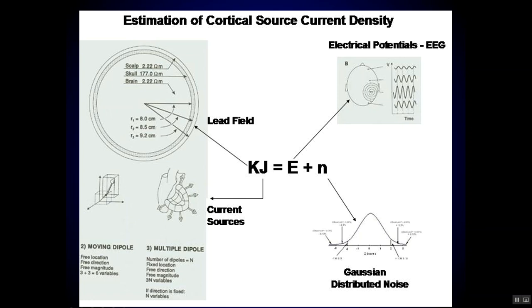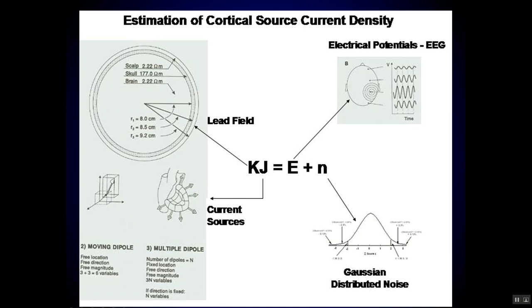If you have the electrical potential E, K is the weighting of the lead field. But if you have measured the electrical potential, you can move K over to this side and divide it into E, and then calculate J, which is the current sources inside each of the 2,394 voxels, or however many voxels you have.